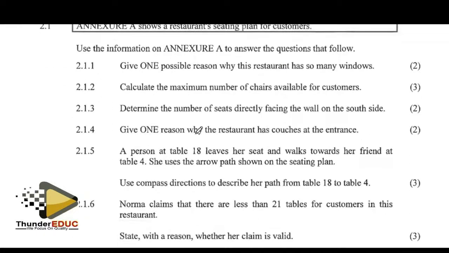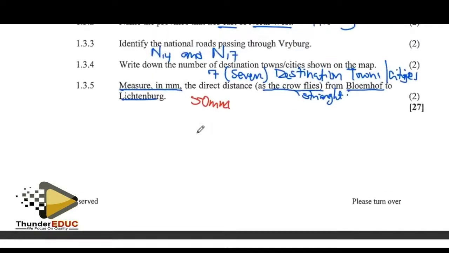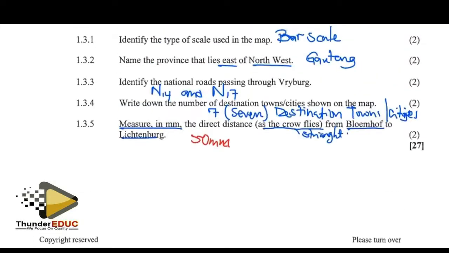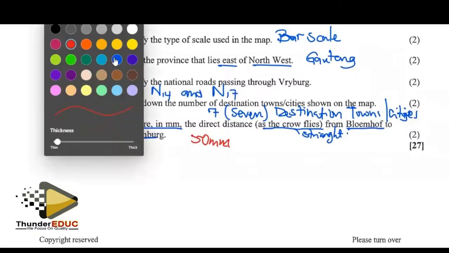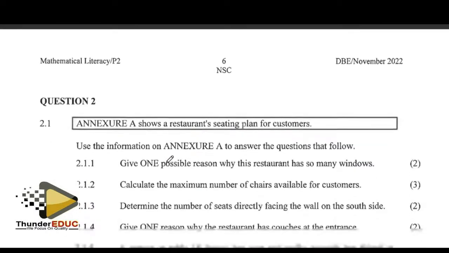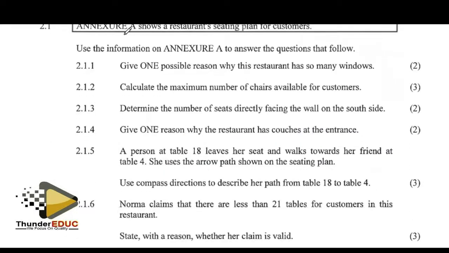All right, let's look at question number 2. Question number 2 talks of the annexure. Get it, please.